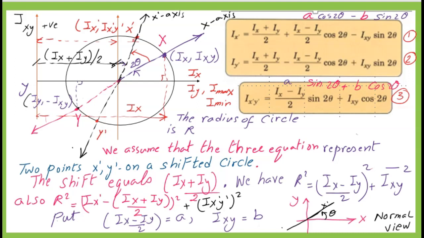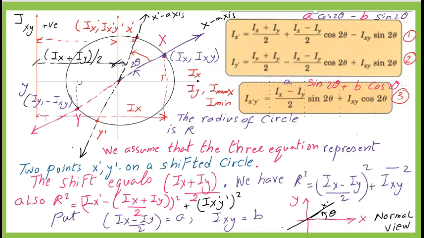The enclosed angle between axis x and axis x dash is 2 theta, which is twice the value of theta from the normal view, from which we obtained the 3 equations Ix dash, Iy dash, Ix dash y dash.